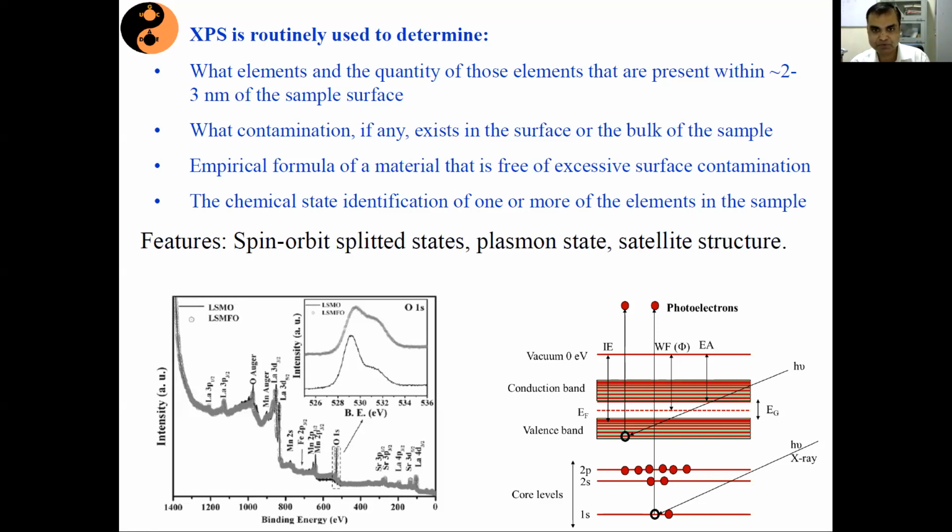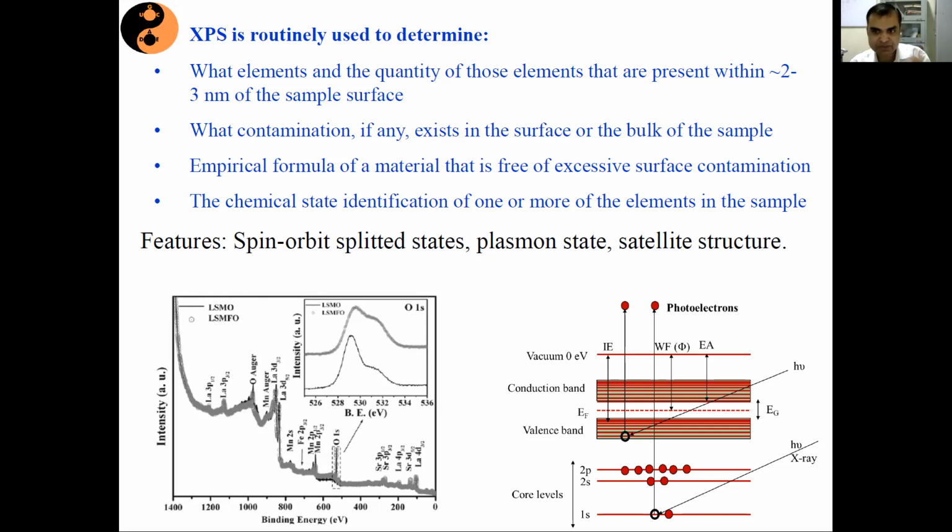Number two, when those electrons come out, they also interact with the free electrons or the valence electrons present in the system. Therefore, there is a certain background, and there are certain plasmon states and satellite structures. All these things make photoelectron spectroscopy a unique technique.